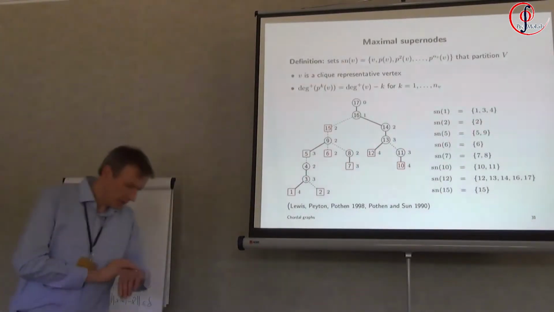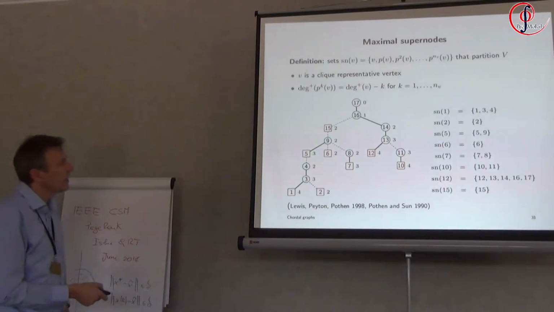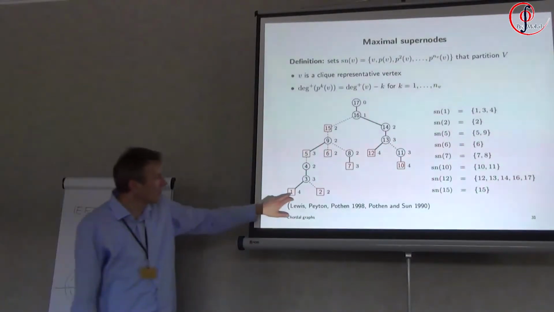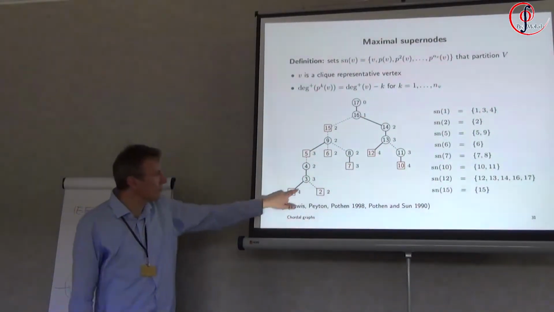Then something else that you'll need at some point is, again, if you look at the elimination tree with the higher degrees added, then you can find from the elimination tree a part of each clique. The red vertices are the representative vertices, the starting vertex of a clique.